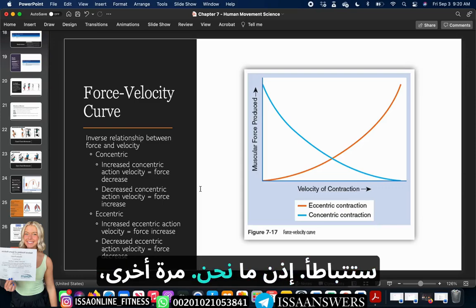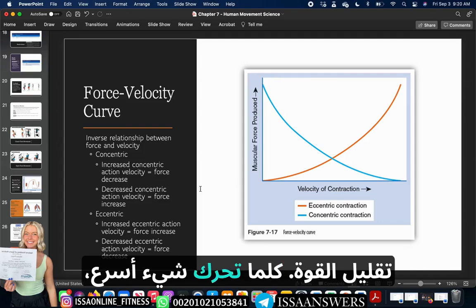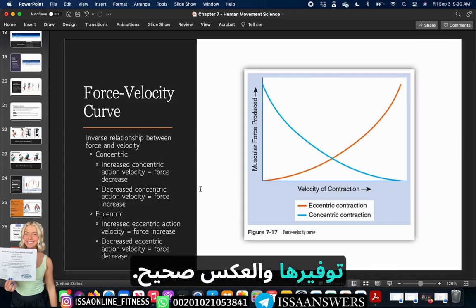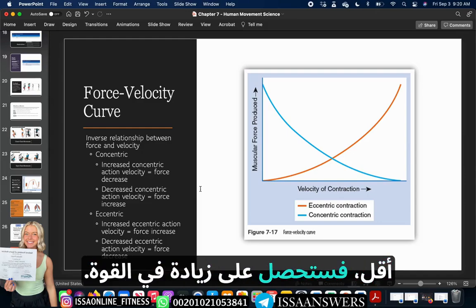So again, increased concentric action velocity equals force decrease. The faster something moves, the less force you can provide, and vice versa. If you have less concentric action velocity, you'll have a higher force increase.